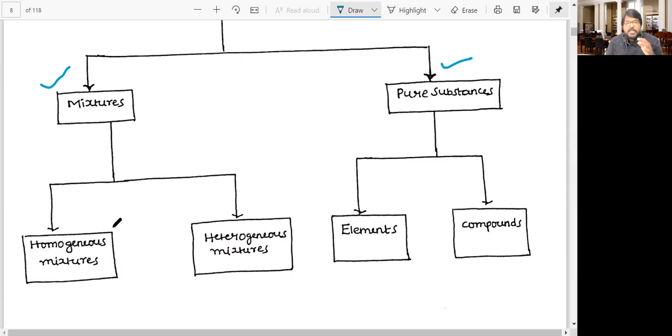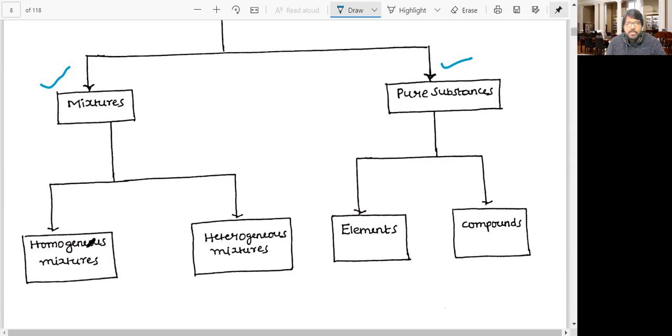But a heterogeneous mixture, of course, it is a mixture, but the components are not mixed completely. We can separate the components from this heterogeneous mixture by hand picking and also crystallization, whatever various techniques we have, we can. So minimum 2 components are present.